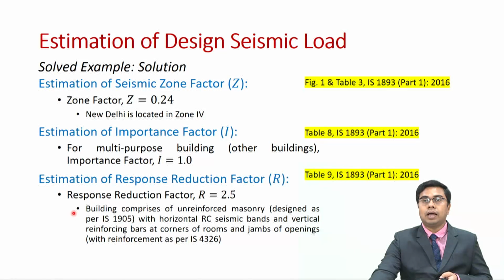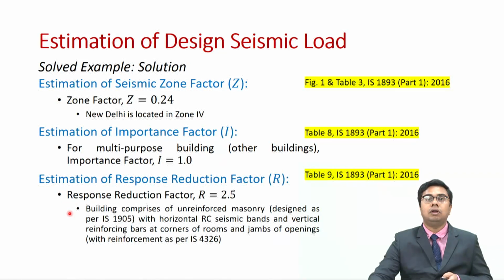So this very factor, response reduction factor, has been called force reduction factor or behavior factor in different codes. So you need to understand that all of these names are actually more or less identical. This factor takes care of overstrength and ductility.